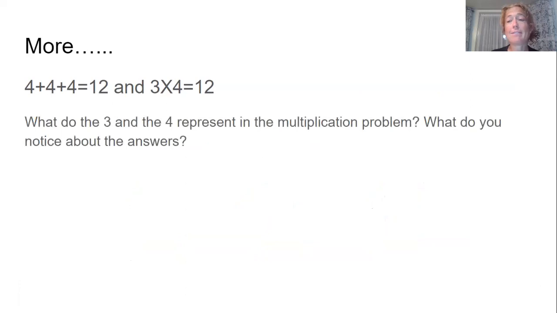So again, what do the 3 and the 4 represent in the multiplication problem? The 3 represents the number of groups or baskets, and the 4 represents the number of apples in each basket. So what do we notice about these answers?